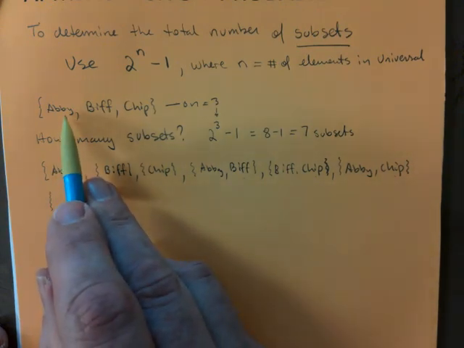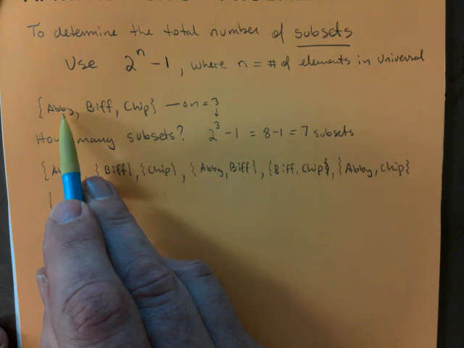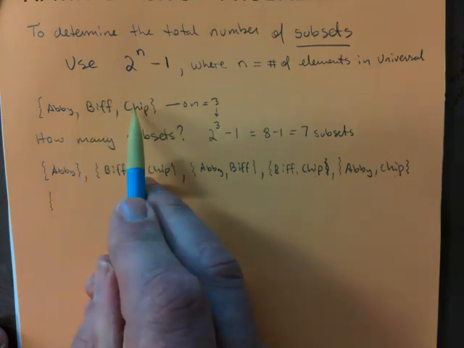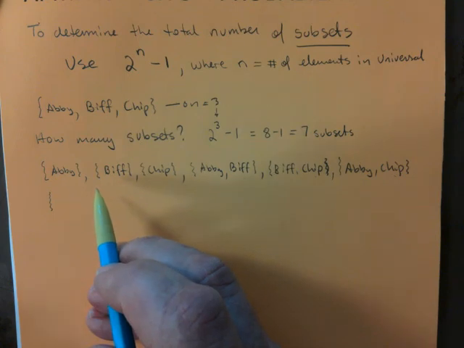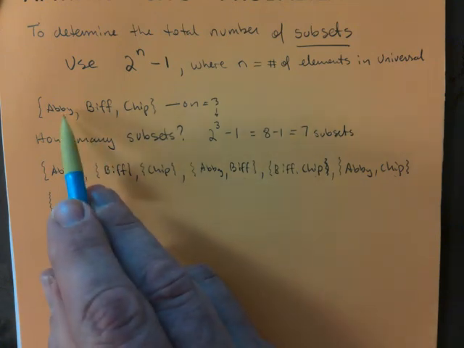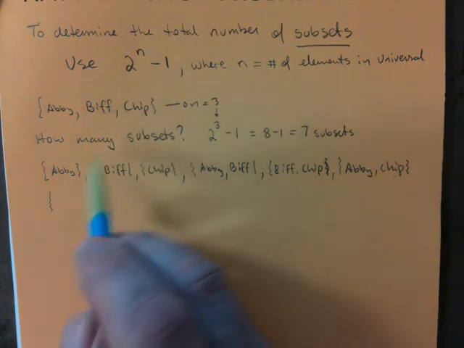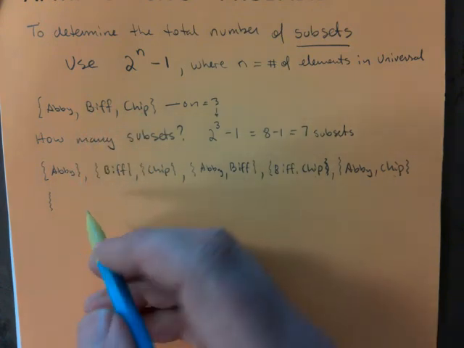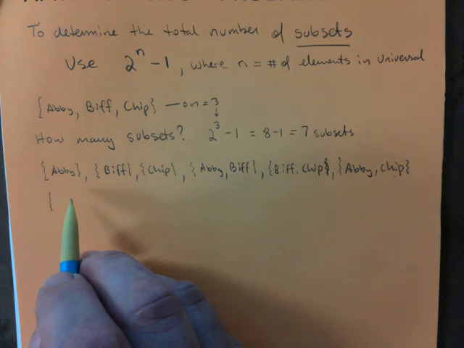And where is the 7th? Technically, I believe having the same set again is a subset as well. Okay, having Abby, Biff, and Chip is also a subset, even though it's an exact copy.